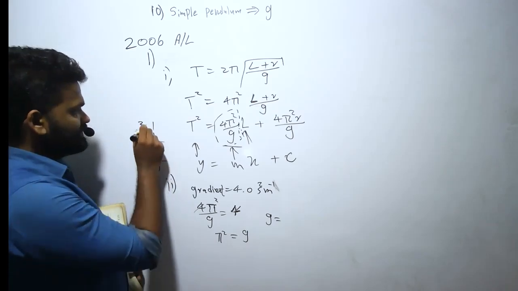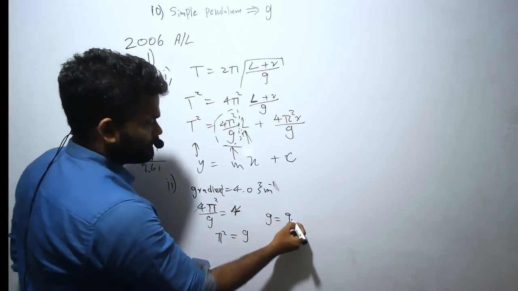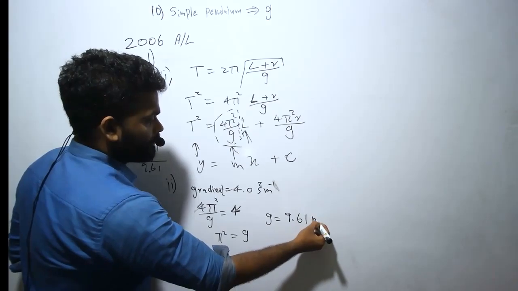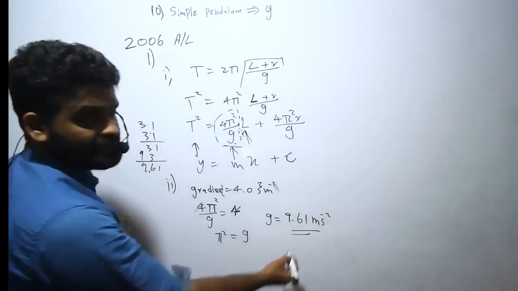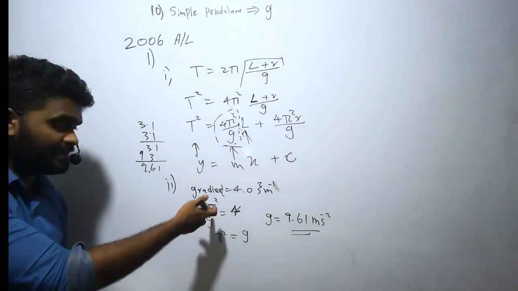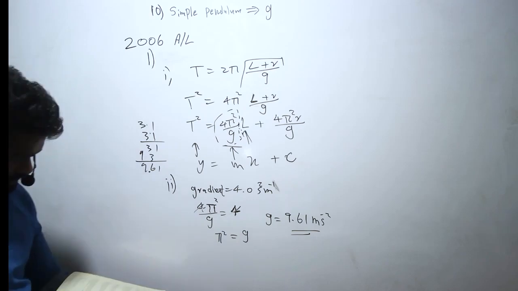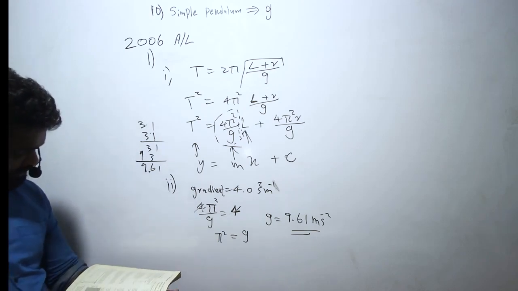There are 2 decimals, so it should be 9.61. This is g. But if you put 22/7, this gets complicated, right? Understood? We don't need any complications.